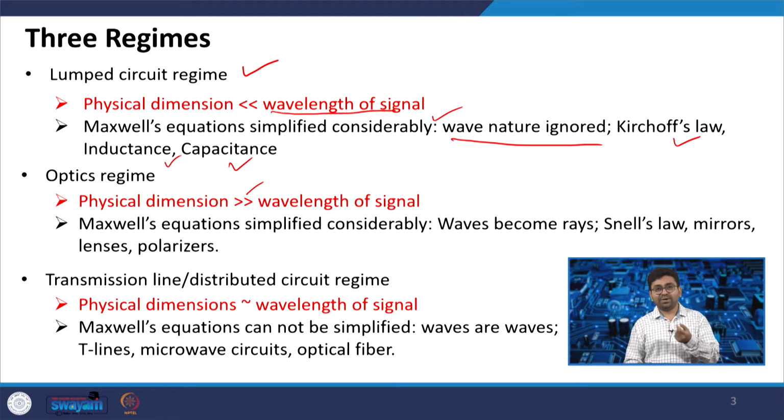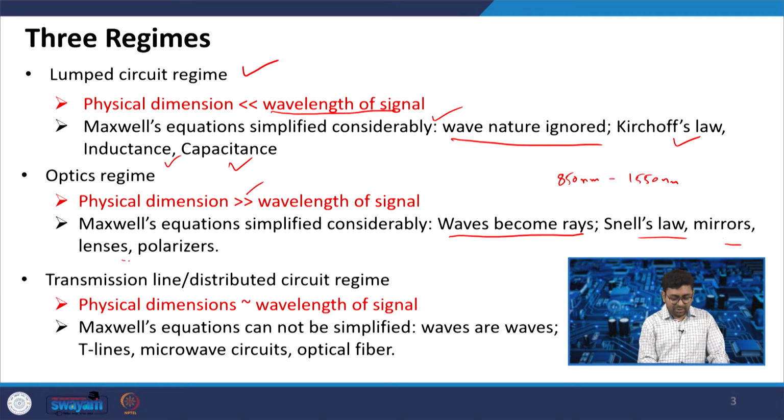If we consider the optical range, it is around 850 nanometers to, let us say, 1550 nanometers. The physical dimension of the LED is much higher than the wavelength. In that case you can simplify Maxwell's equations, and waves become rays. You can use Snell's law, mirrors, lenses and polarizers.